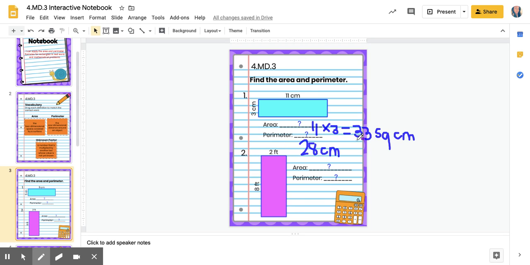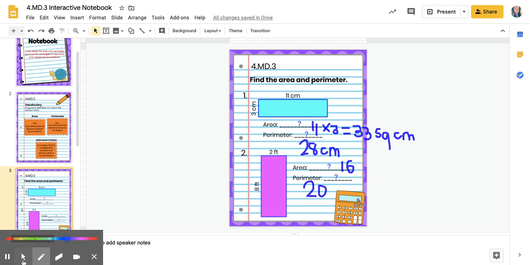So if we multiply the two sides together, we get 16. And remember, it's square feet. And the perimeter would be 8 plus 8, which is 16, and 2 plus 2, which is 4. And if we add 16 and 4 together, we get 20, and it's just 20 feet.